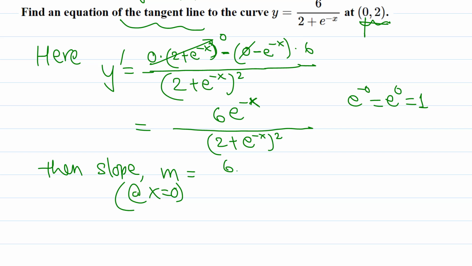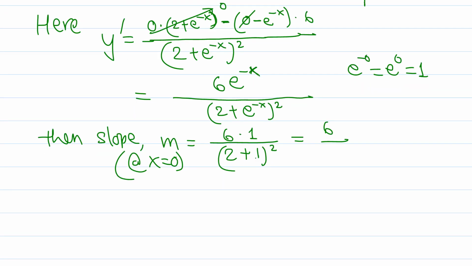So 6 times 1 all over 2 plus e raised to negative 0, that's 1, 2 plus 1, squared. 6 times 1, 6 over 2 plus 1, 3 squared, that's 9. Oh, 3 divides twice, 3 divides 3 times, so 2/3.